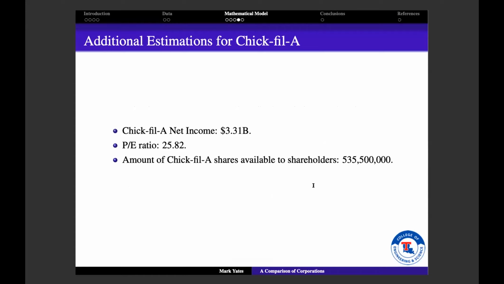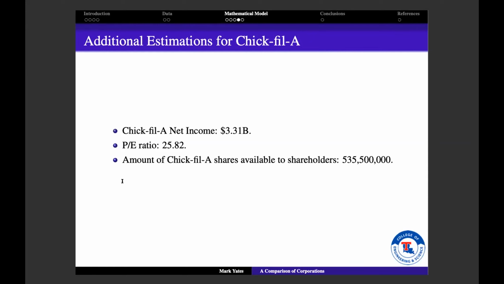I averaged those two to come out with 1.495 and used that to get my net income for Chick-fil-A, which was $3.31 billion. Again, as we saw a minute ago, I used the averages of Yum Brands and McDonald's to get the PE ratio. This just tells us that the stock price is on average 25.82 times larger than the earnings for each company.